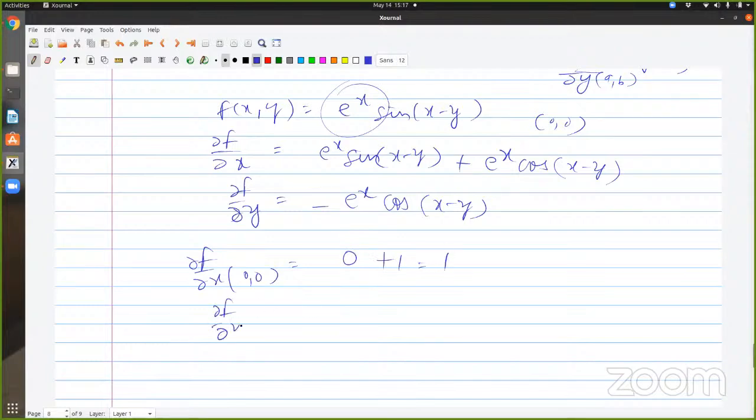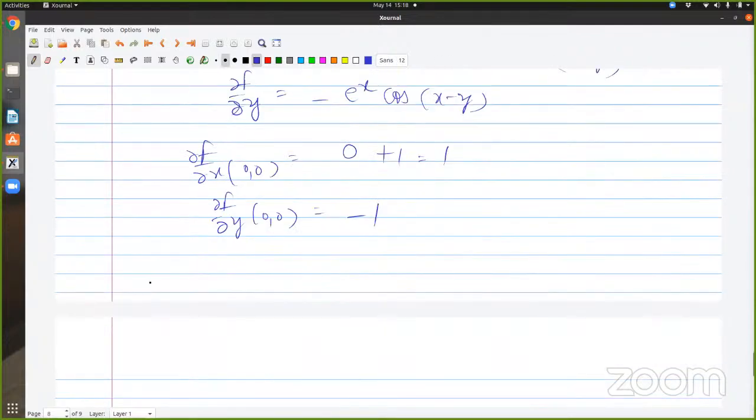Dou f by dou y at 0 comma 0 is e to the 0 which is 1, times minus cos 0 which is 1, so it should be minus 1. Now the linear approximation will be f of 0 comma 0.